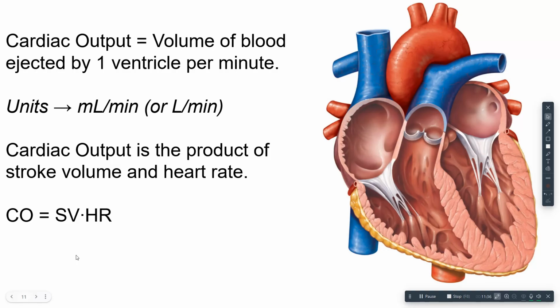So, for example, if our stroke volume was 80 milliliters per beat, and the heart rate was 60 beats per minute.